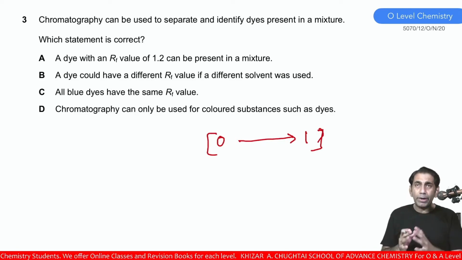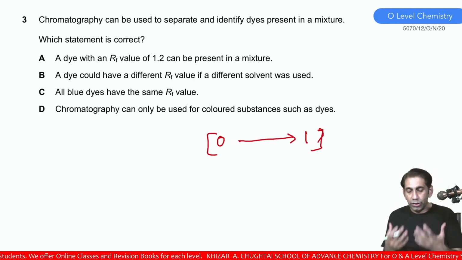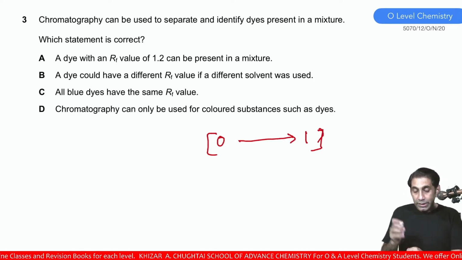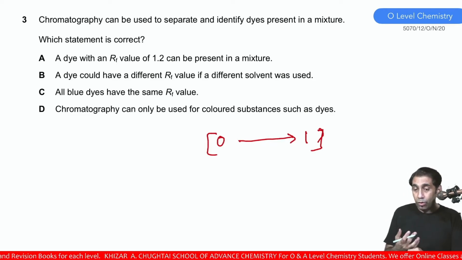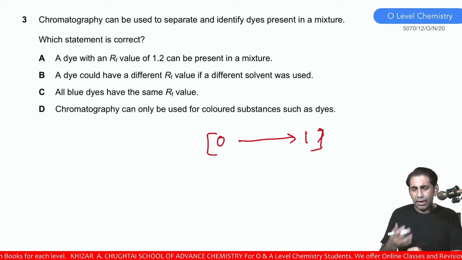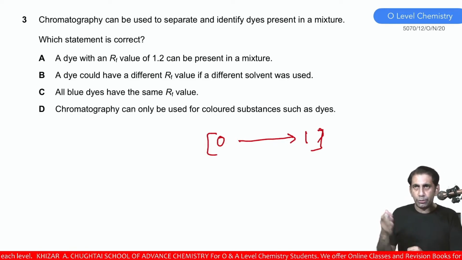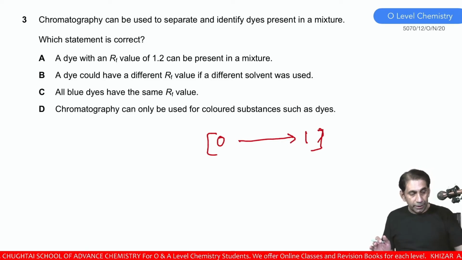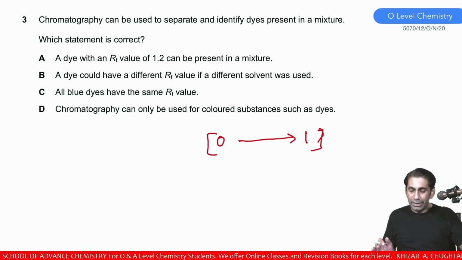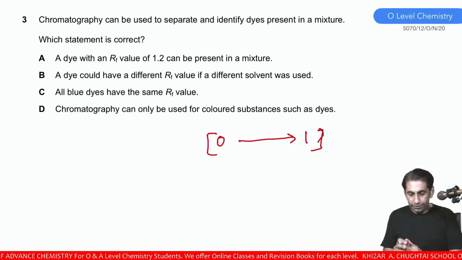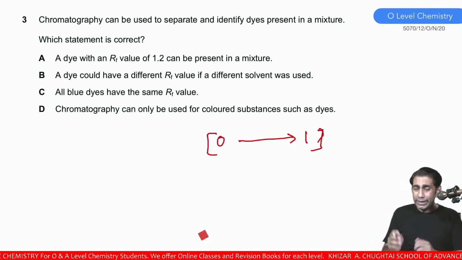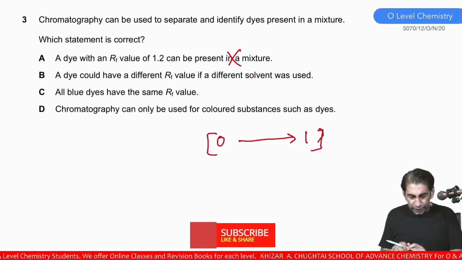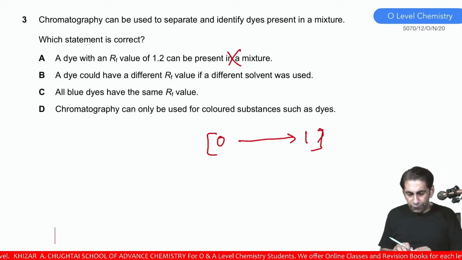Any chromatogram that develops will show different spots, which may have an RF value of 0, or 0.1, 0.2, 0.3, 0.4 and so on, and the maximum should be equal to 1. So it cannot be 1.2.